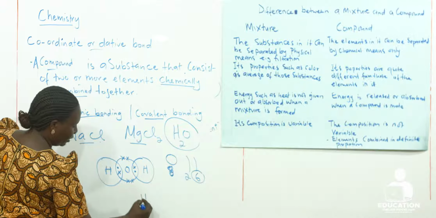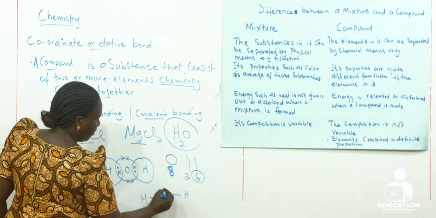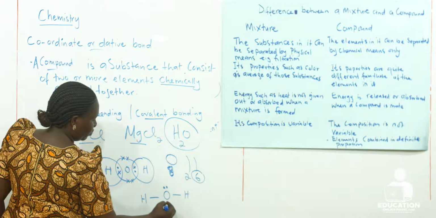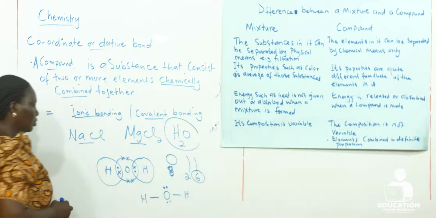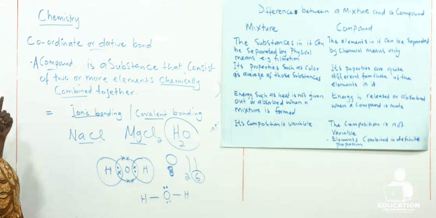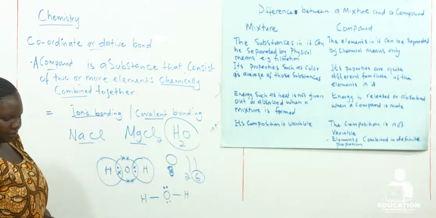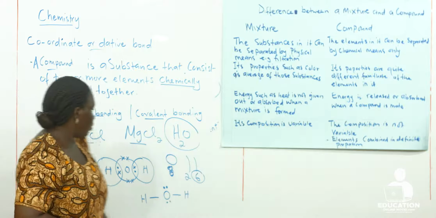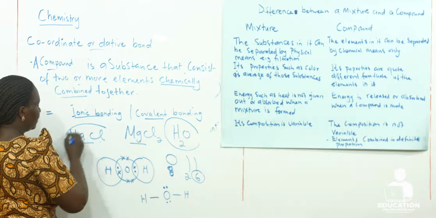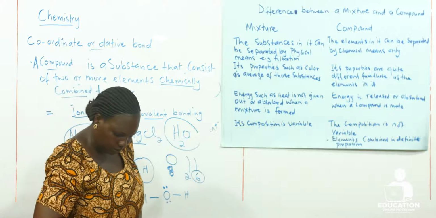Sometimes it is drawn like this. And then we have the lone pair of electrons. So this is also a compound. So we said a compound is a substance that consists of 2 or more elements chemically combined together. So sodium chloride is the common table salt that we use.